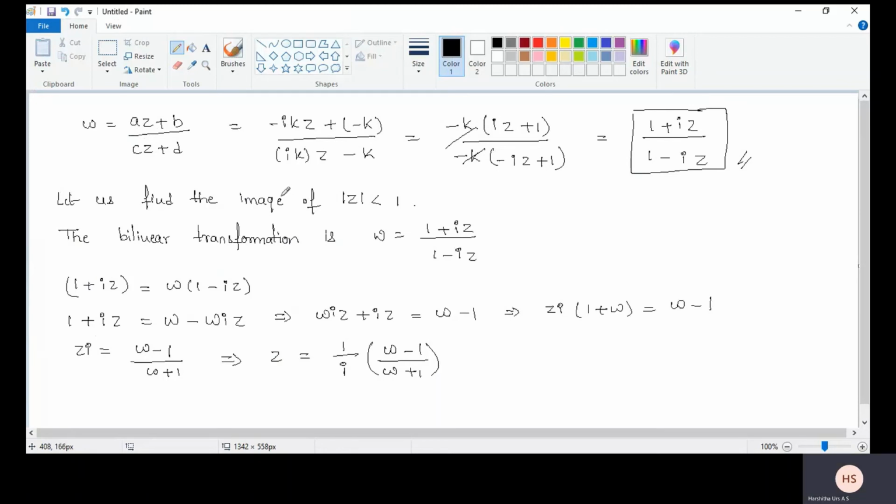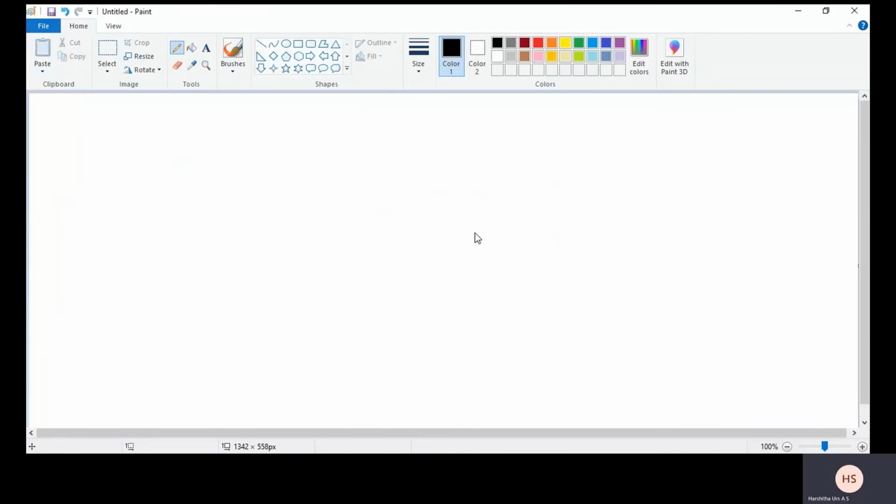So after writing this, we have to see the image. They have given the image mod Z is less than 1. So we can write here mod Z is less than 1. That implies apply mod for the Z term. Mod of 1 by i, mod of (W - 1) divided by (W + 1) is less than 1. Now, squaring on both sides. Squaring means mod i square, the value is 1.